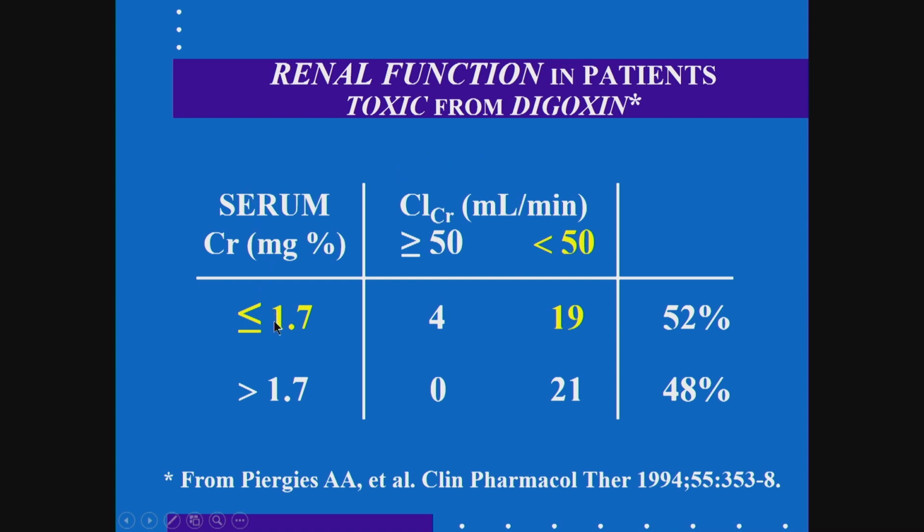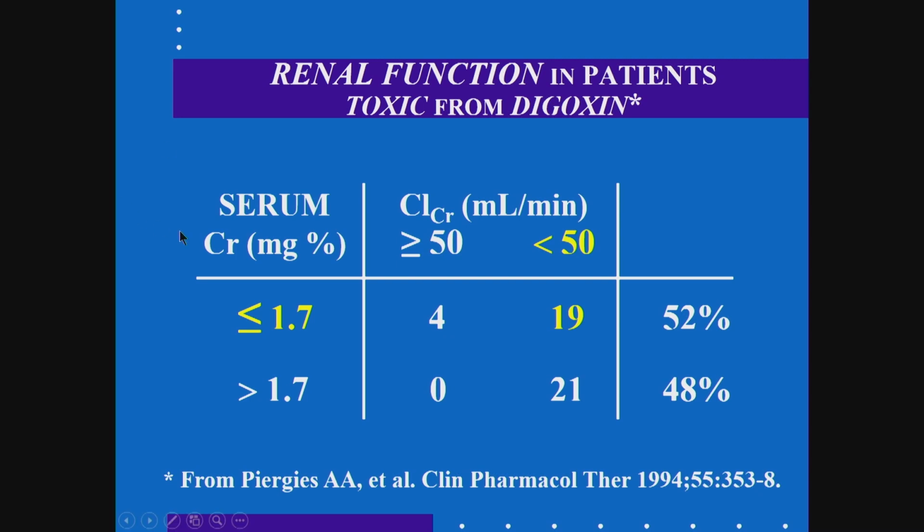And they grouped their patients into individuals that had creatinines in serum of 1.7 milligrams per deciliter or less, or individuals that had greater than 1.7 milligrams per deciliter of creatinine. And these are their estimated clearances of creatinine using the Cockcroft and Gault equation.